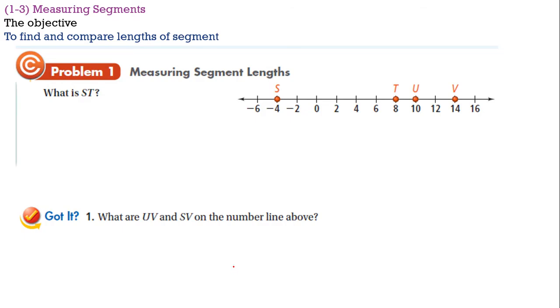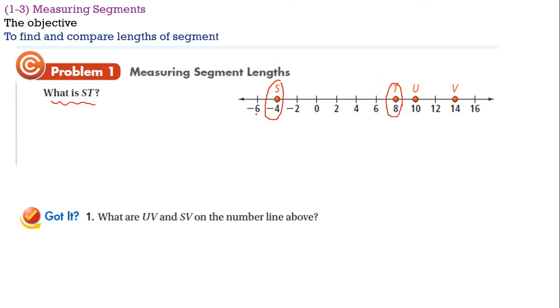I think that's enough from this video, and now let's apply the ruler postulate to find the measure of the segment. So we want to find the distance between S and T. How can we find that? The coordinate for S is -4, while the coordinate for T is 8.